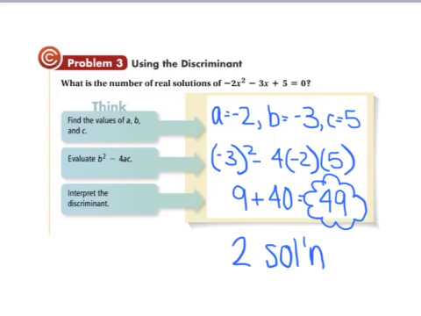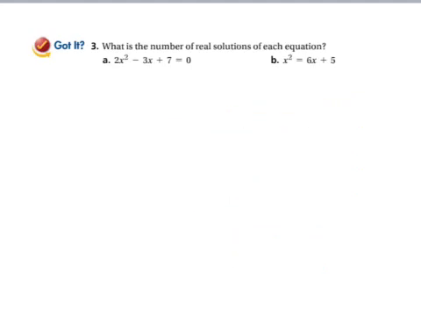Very happy. Let's try another. A is 2, B is -3, and C is 7.